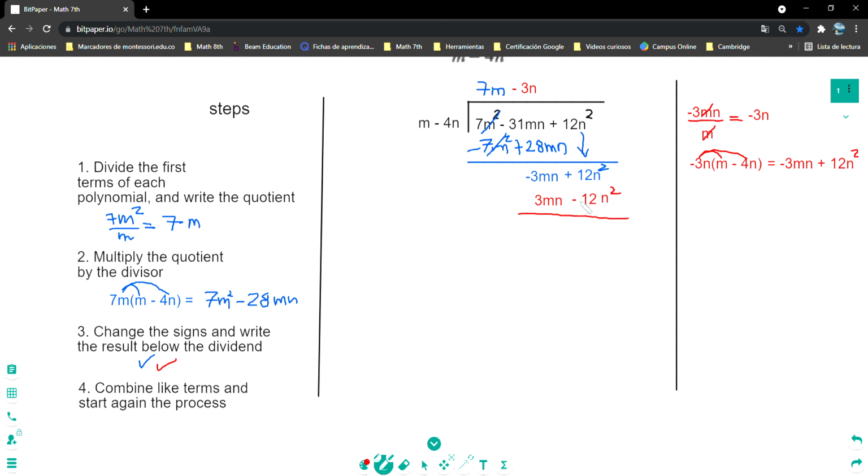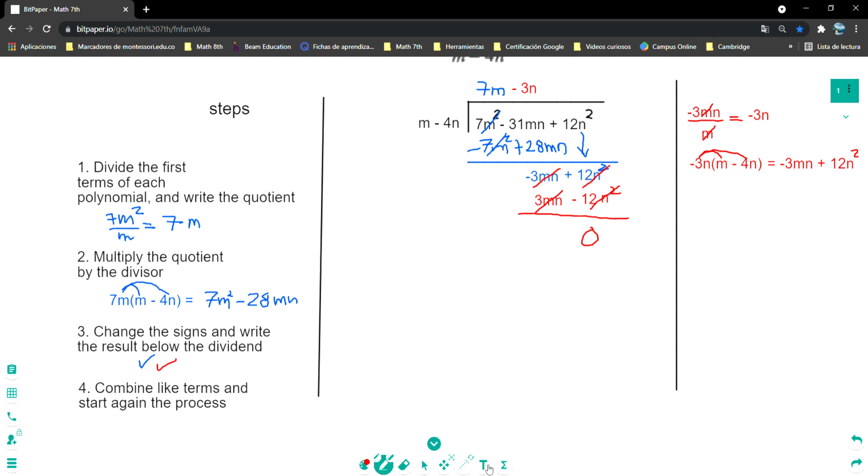Finally, we just combine like terms as usual. Minus 3mn plus 3mn, they will be cancelled. And here the same, 12n squared minus 12n squared, they will be simplified. So we got the remainder 0, and that will be the final answer.